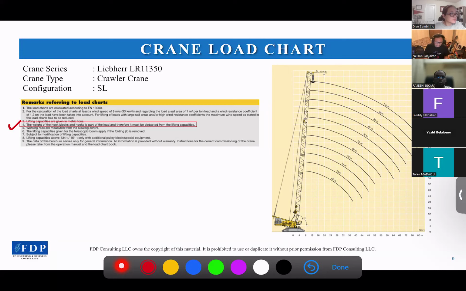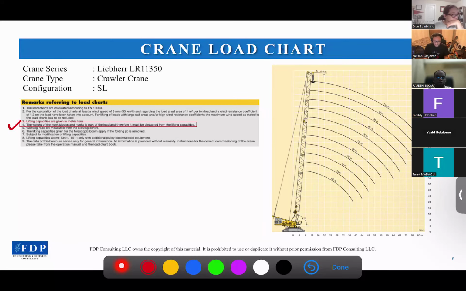To read the table, same as the previous crane, we need to get all information about the crane that we are going to use: the boom configuration, counterweight configuration, hook types, jib if any attached, super lift if it's attached, and anything else.